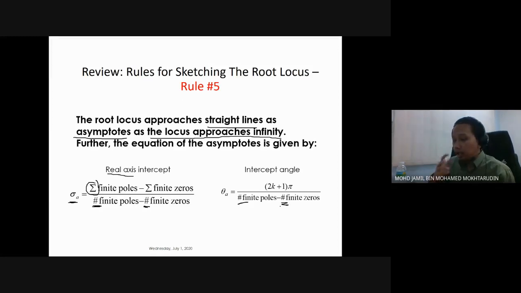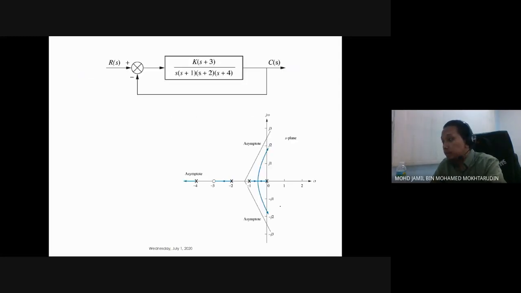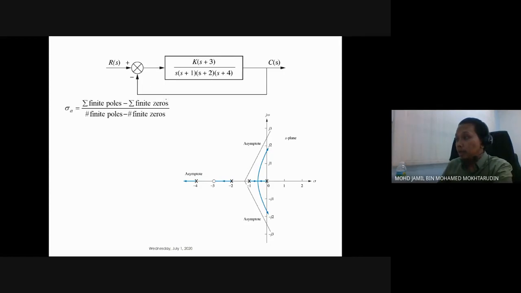Okay, let's look at an example of how to calculate the asymptotes. Let's say you are given this system. The first step is that you can either simplify the system or find the poles and zeros.